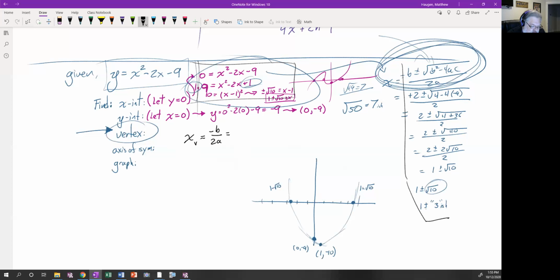So in this case, our b is that -2, so the opposite of -2 divided by 2 times our a, which is 1. It's nice having an a of 1. And we'll get 2 over 2, we'll get 1. So that's nice and fast too. We do have to plug that 1 back in to find the y value. But that's also not bad here.